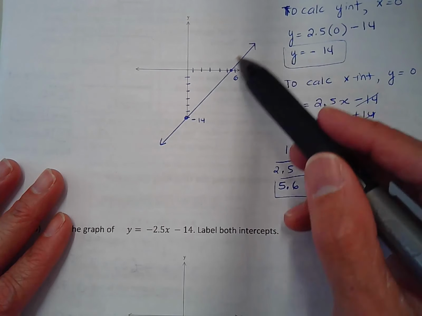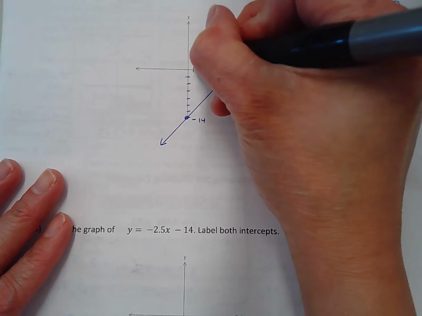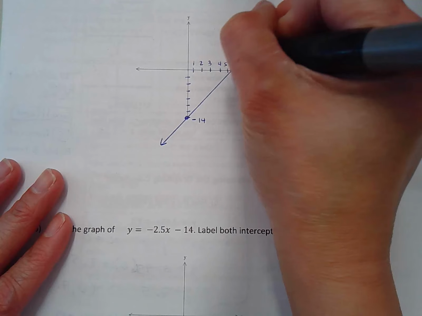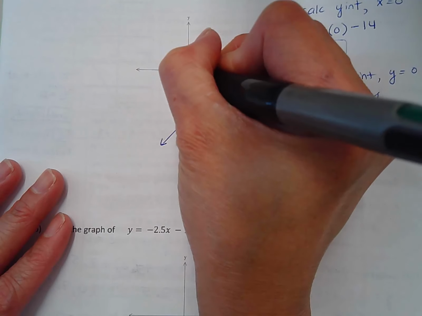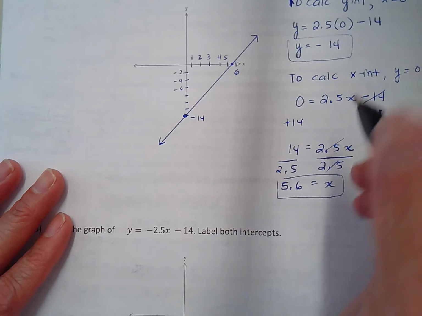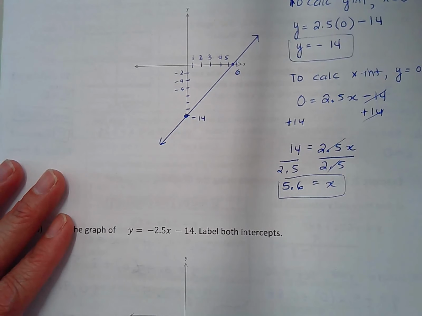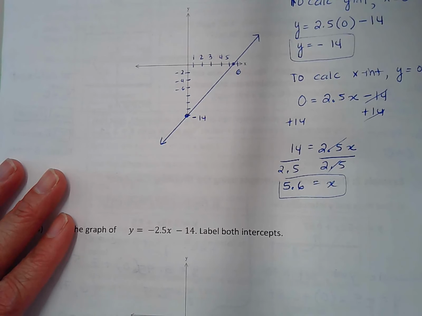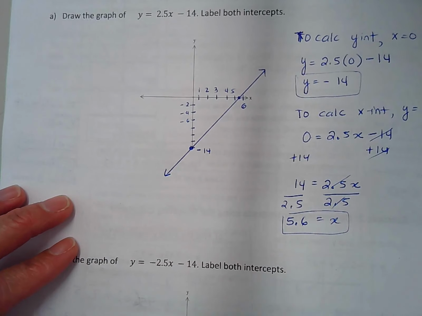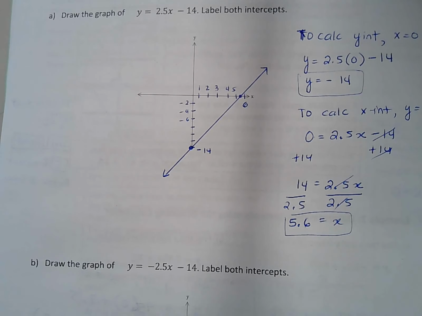So here I use a scale of 1, and then this one I use a scale of 2. So that's our graph. Okay. That's good.